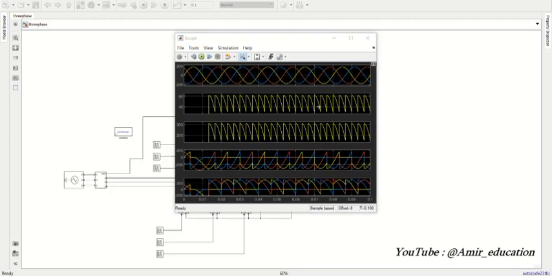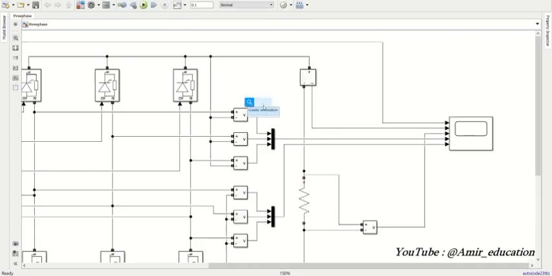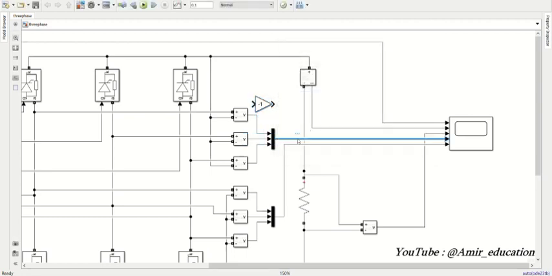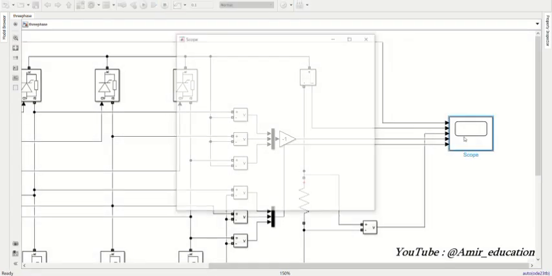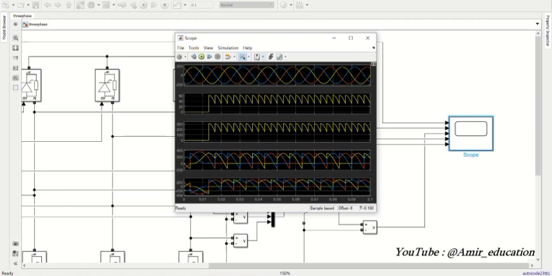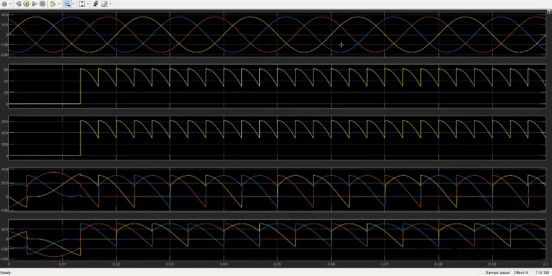So it seems we have a problem here, and we can solve it by adding a gain block and setting its value to -1. So now it seems to be fine.